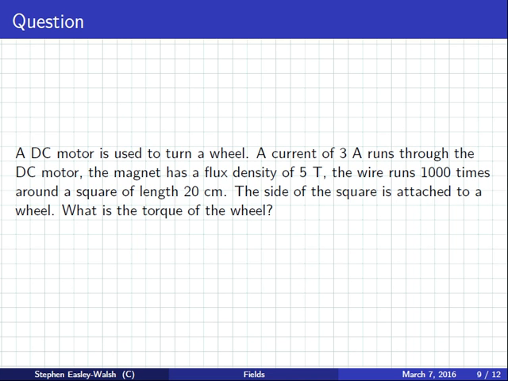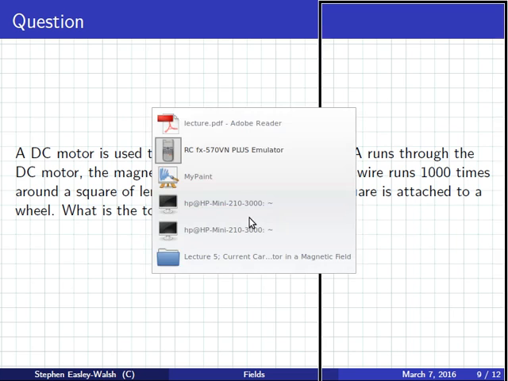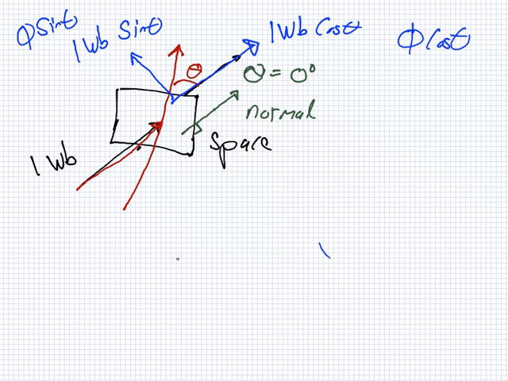What's Newton meter for turning force? It's also joule, but we don't use joule when we're talking about turning force. We say Newton meter. Remember, turning force is force by distance. KJ, what's the definition of turning force?